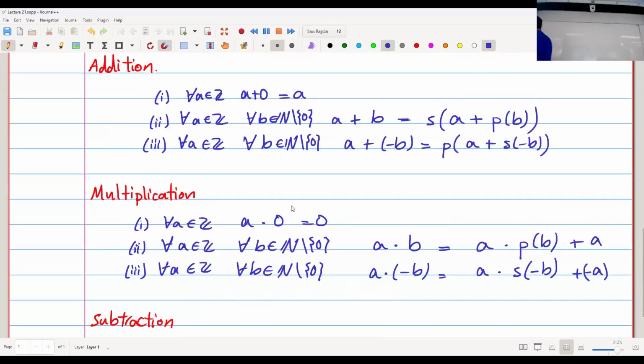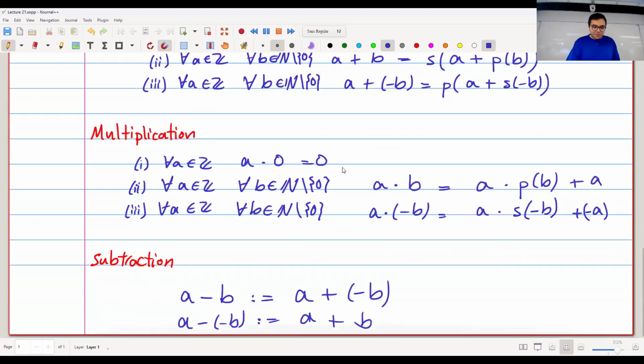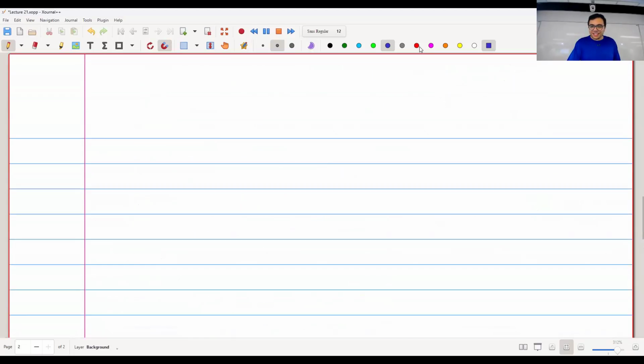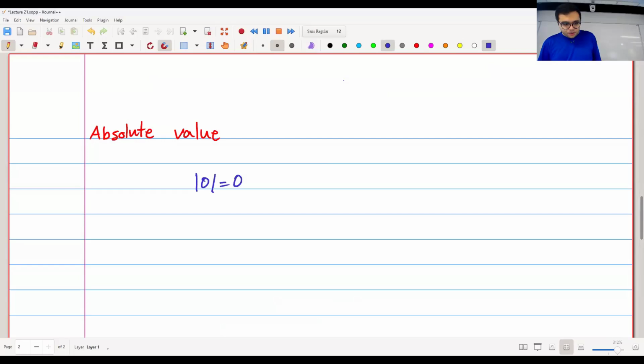Great. Now I did all of this because I want to define division. Division is the important thing that we want to talk about. Okay, this is division. Oh, by the way, before doing that, I can also do absolute value, right? While I'm at it, I can just define the absolute value. I can say the absolute value of 0 is 0. For every natural number n, the absolute value of n is just n itself.